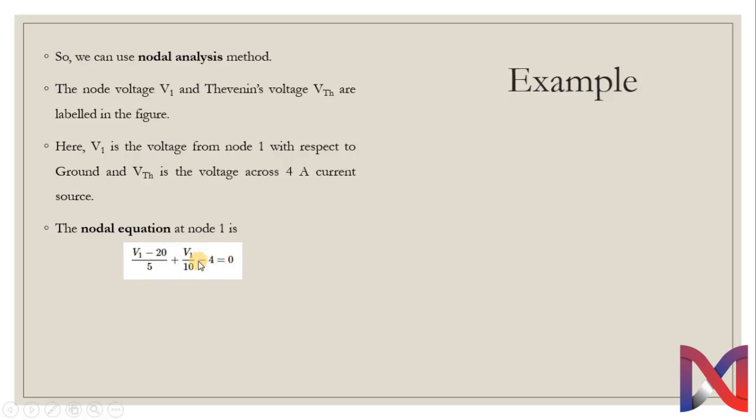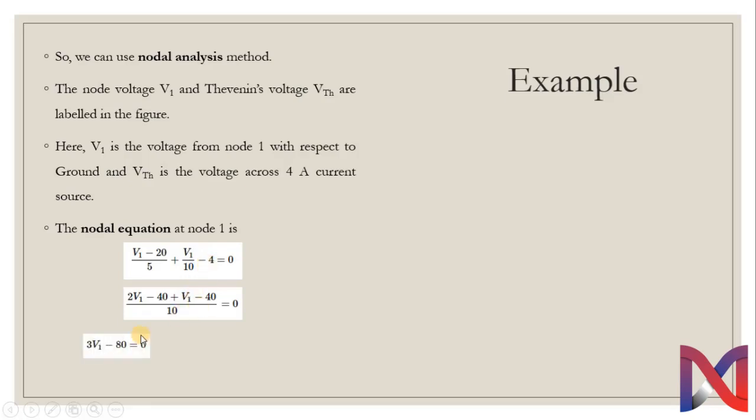This can be simplified as we take 10 as LCM, so we multiply V1 by 2 and 20 also by 2, so we get 2V1 minus 40 plus V1, because here it is 10, so we write it as it is, and we multiply 4 by 10, so we get 40.